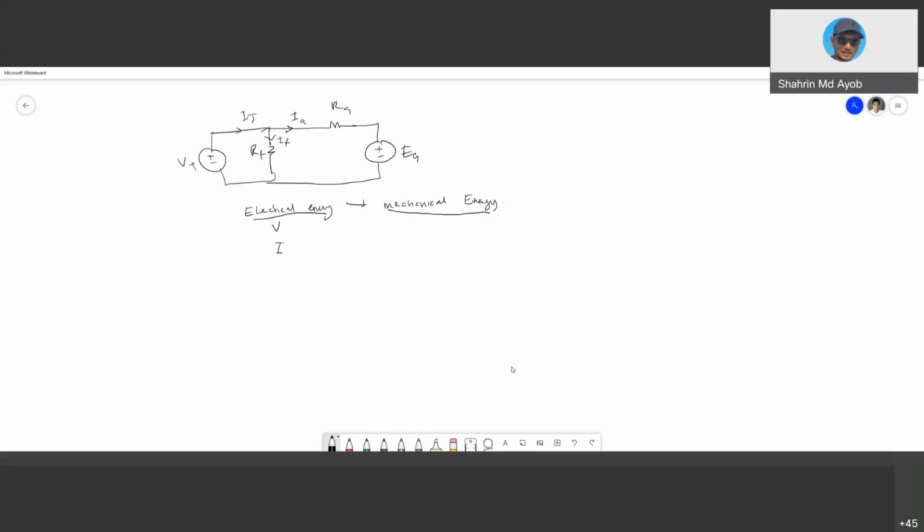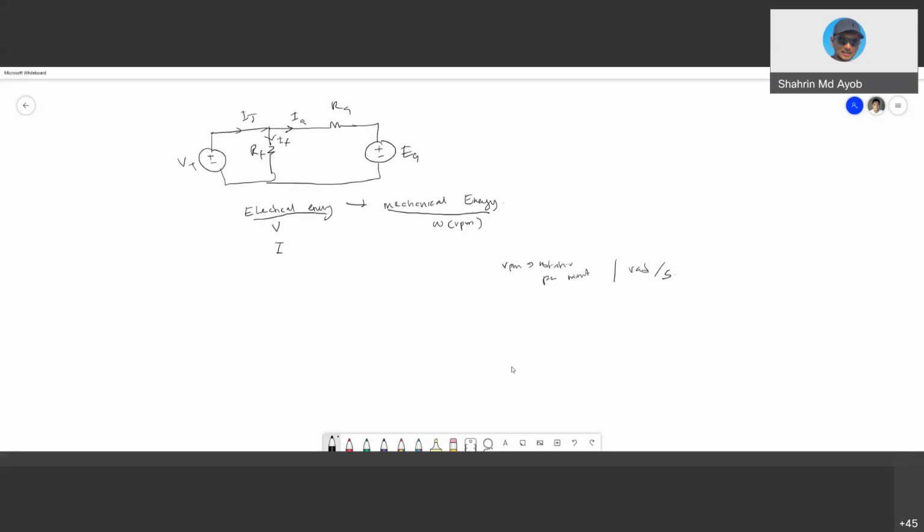Voltage and current. And for the mechanical energy, what are the parameters that we usually want? Yes, the speed, which is omega here, can be in RPM, rotation per minute, or sometimes also in radian per second.